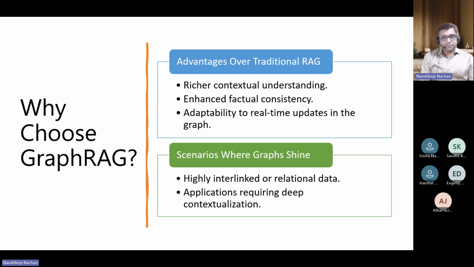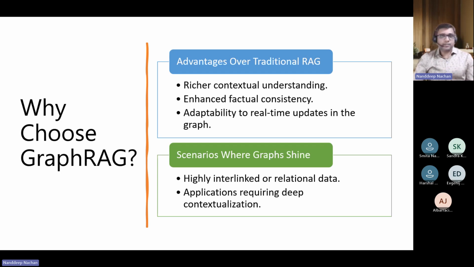So then, coming to the close of this session, why should we choose GraphRAG? The key thing lies in the ability to provide a richer contextual understanding of the data. Traditional RAG relies on flat documents or unstructured text, but GraphRAG taps into the interconnected nature of the knowledge graph, which makes the retrieval of the data much more meaningful.